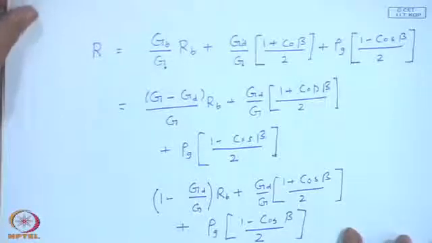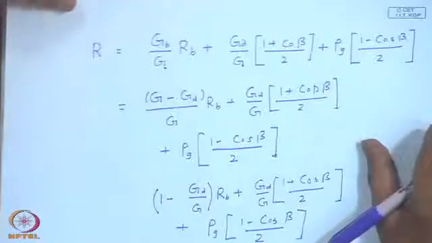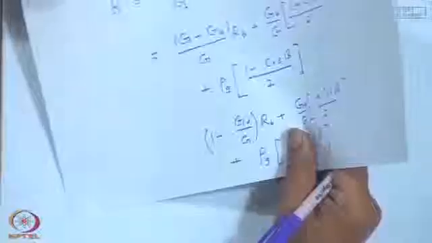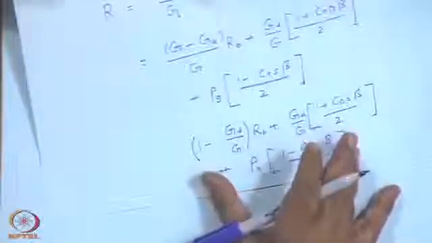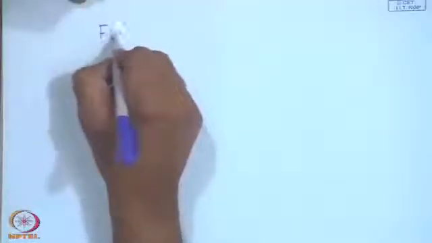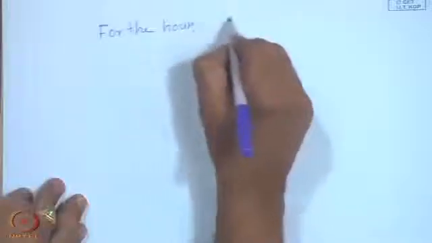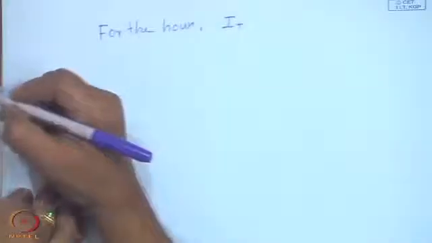Now, you realize why we spent some time in generating the correlations for I D by I. Though I D and I are separately required, if given I, everything we try to write in terms of a diffuse fraction ratio, which we know can be calculated knowing I. Now, I shall make an approximation for the hour, the corresponding value will be I T, right.